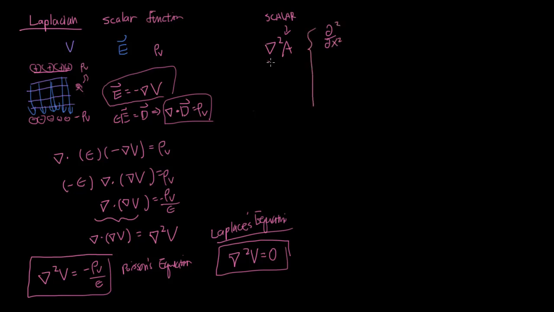Remember, we had the notation that this del operator is like d/dx x hat plus d/dy y hat plus d/dz z hat. If we define it this way, the operations work out nicely in Cartesian coordinates, but maybe not so much for cylindrical. So in Cartesian coordinates, it's simply the second derivative.